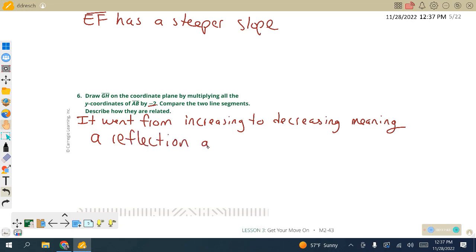I'm going to get a little bit more specific here with you. Across the x-axis. So when you change from positive to negative or negative to positive like that, in math we say that it's a reflection across the x-axis. So it was going up, we reflected it across the x-axis, we're now doing that. Okay.